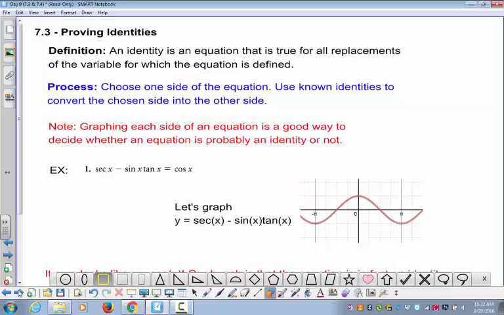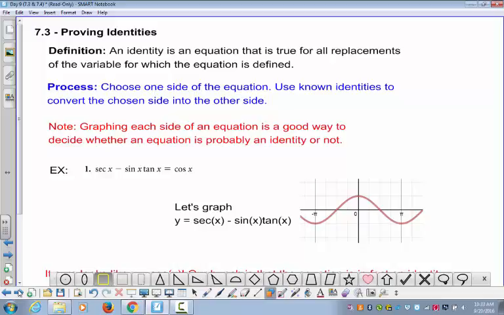The only issue is that we're not allowed to plug in pi over 2 plus pi k. Because if you plugged in pi over 2, cosine of pi over 2 is 0, you'd be dividing by 0. Tangent of pi over 2 is undefined. So we say this is true for all replacements of the variable x for which the equation is defined. You know, so if there's a bad x in there because it causes division by 0, we don't include that.